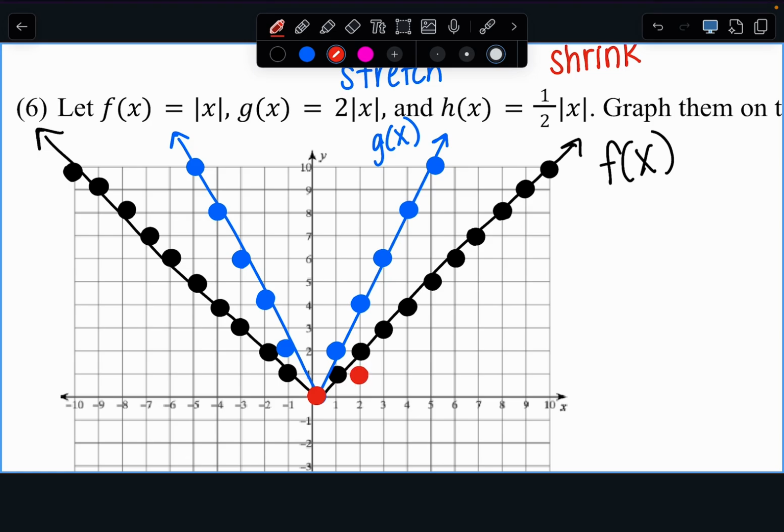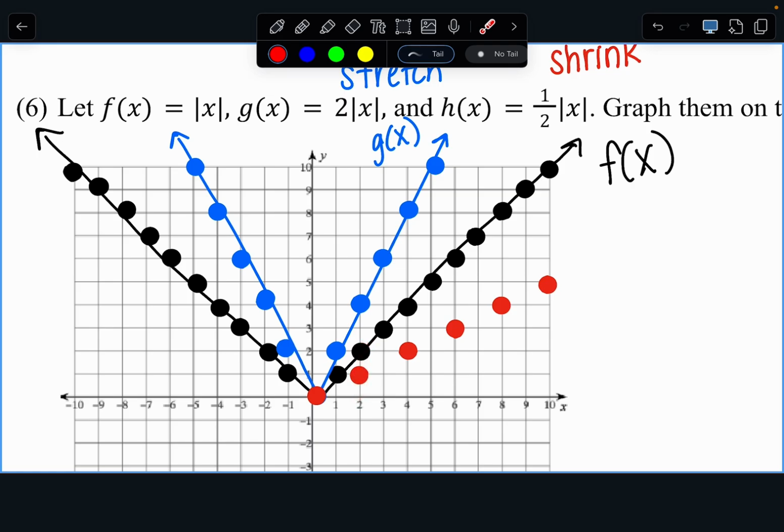But each of these values are half of its original height. I'm only doing the ones that are nice integers, so I don't have to go halfway through. This original height here was 2.